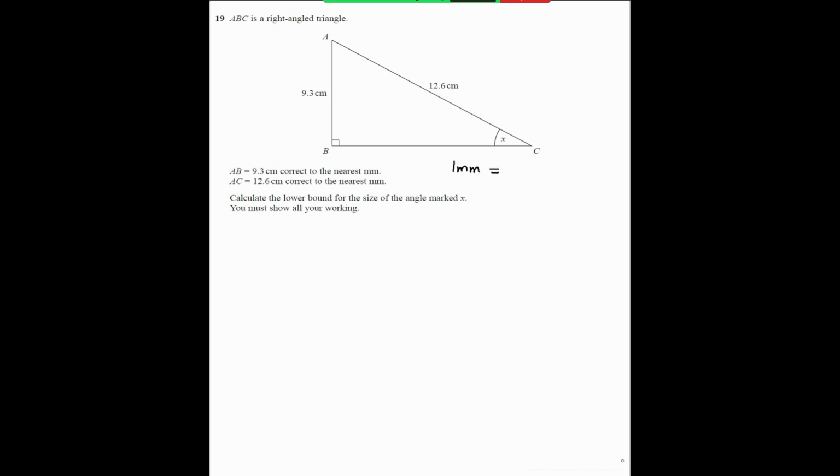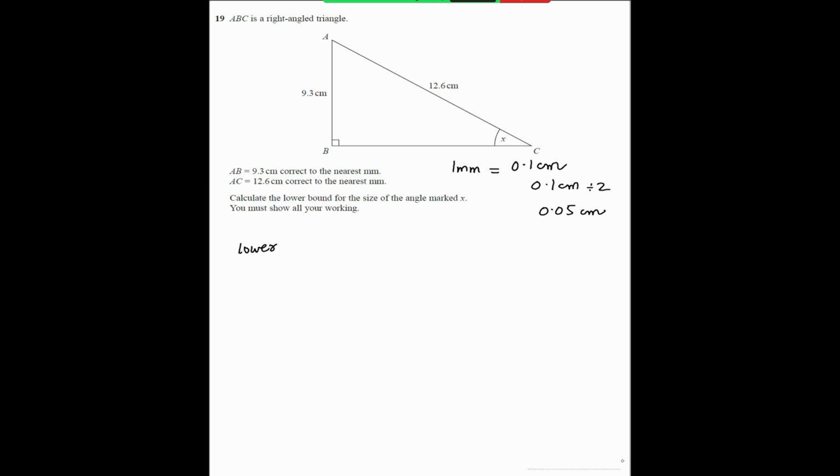1 millimeter is actually 0.1 centimeter, and if you divide 0.1 centimeter by 2, that would give you 0.05 centimeter. So we have to subtract for the lower bound.